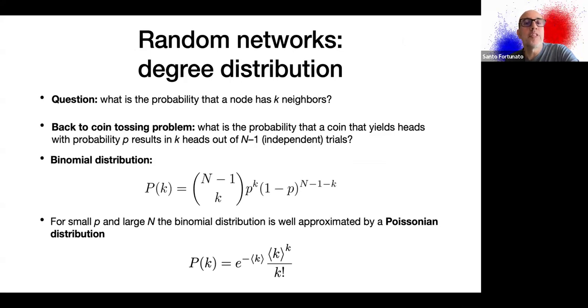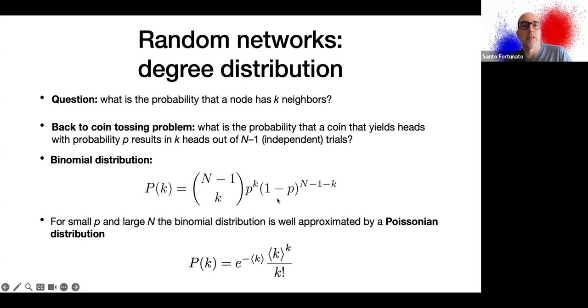What is the probability that the node has k neighbors? It's a coin tossing problem, because we have n minus 1 trials, and I want to find the probability that I get k heads out of n minus 1 independent trials if each trial is successful with probability p. This, like somebody pointed out before, is exactly the binomial distribution, which is given by this.